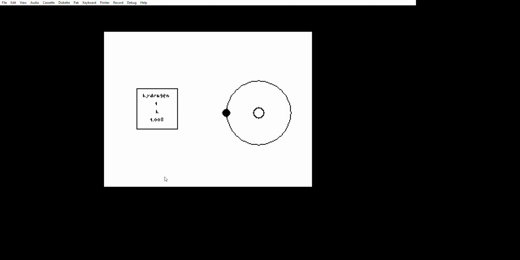99.95% of the time you're dealing with this isotope. There are 2 others that are very uncommon, and they exist, but it's kind of like splitting hairs. Who really cares? I don't. But scientists do.